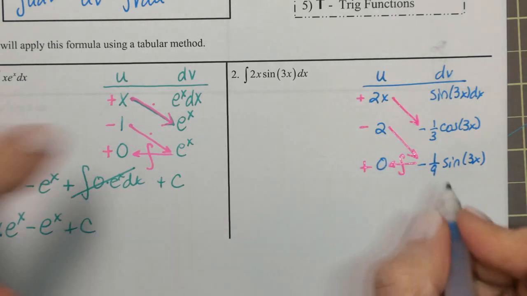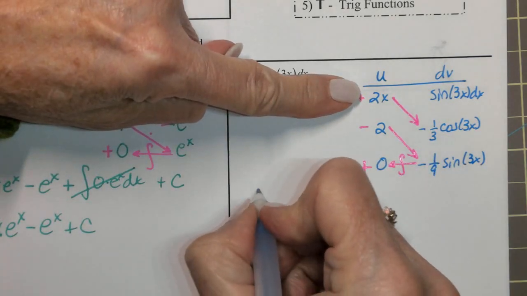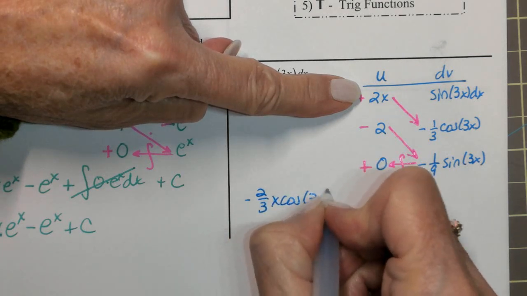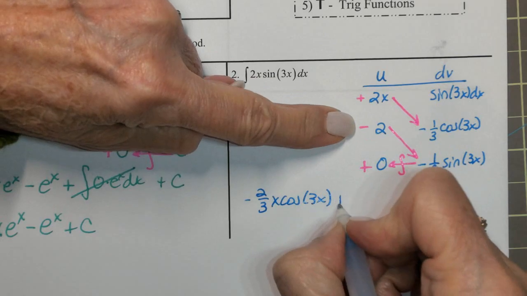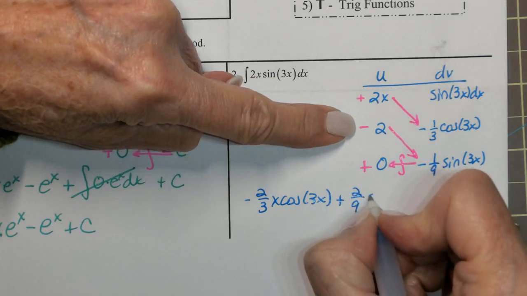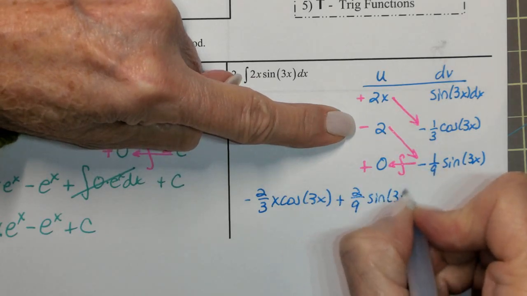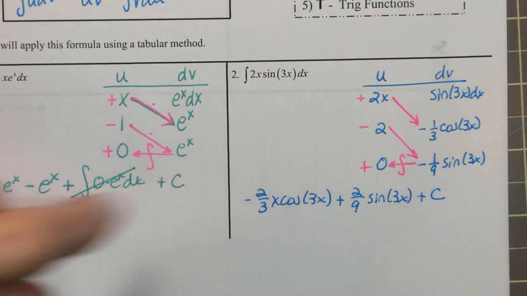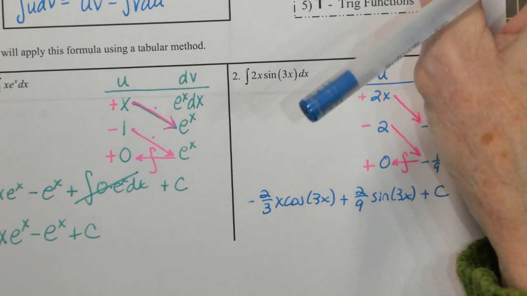So our answer is going to be negative 2/3 x cosine 3x plus 2/9 sine of 3x. That's 0, so plus c. And we're done. These get very quick.